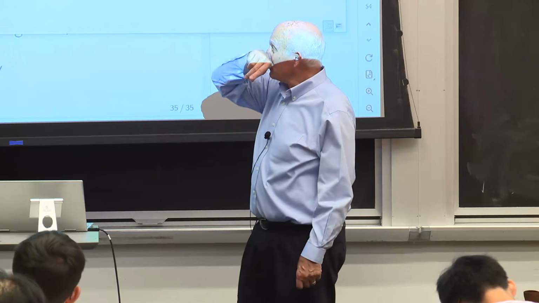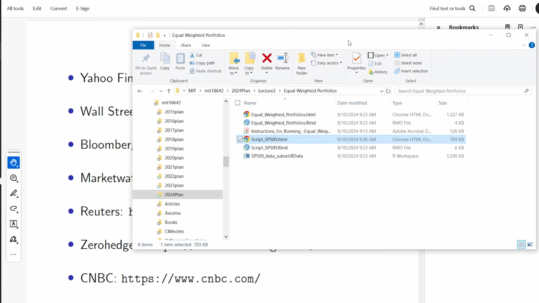And in this lecture 2, I distributed this workspace, which has R scripts and output for looking at portfolios of stocks and considering equal weighted portfolios with different components in the equal weights.